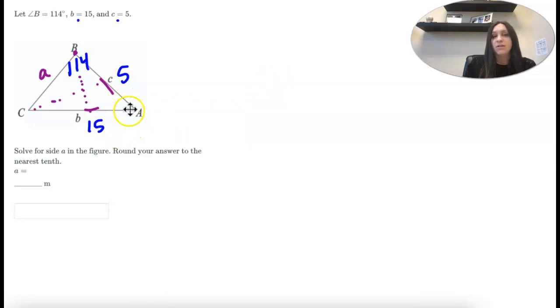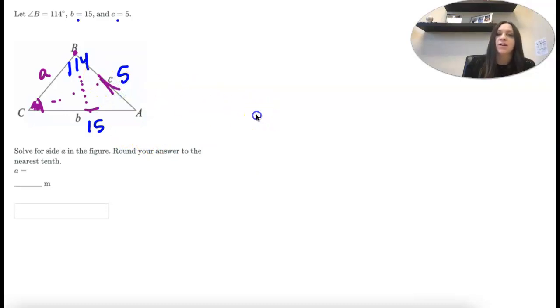Because if I use law of cosines, I could solve for angle C, and that's going to get me 2 angles to get angle A. But because I'm going to switch, don't freak out. I'm going to use law of cosines just so we can review it. I think you guys are really familiar with law of sines.